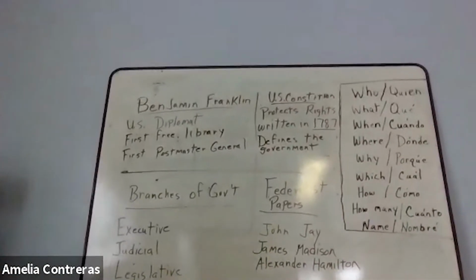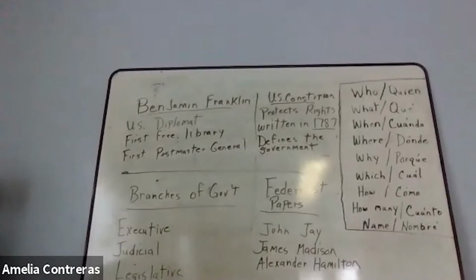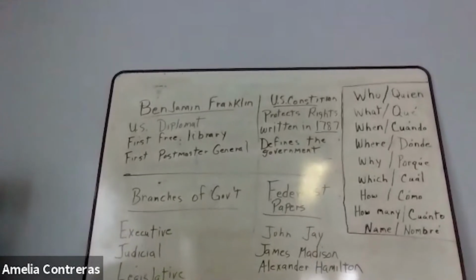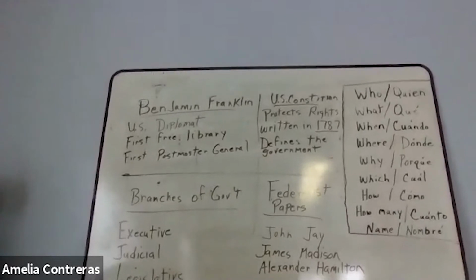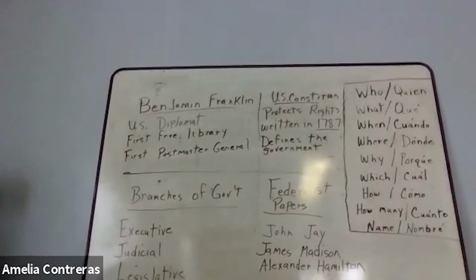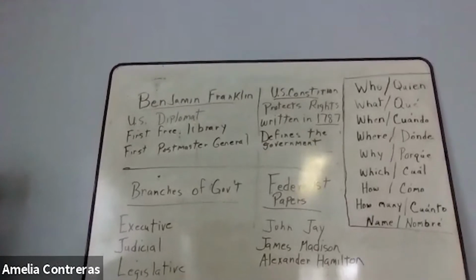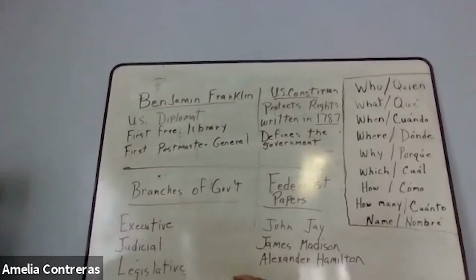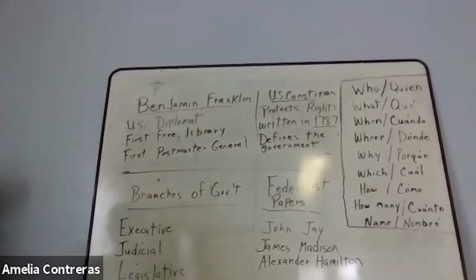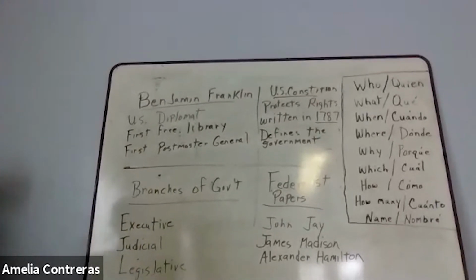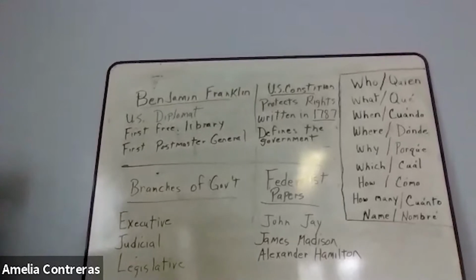Okay, so we have Benjamin Franklin was the U.S. diplomat. He started the first free library, and he was the first Postmaster General. The branches of government are the executive branch, the judicial branch, and the legislative branch.